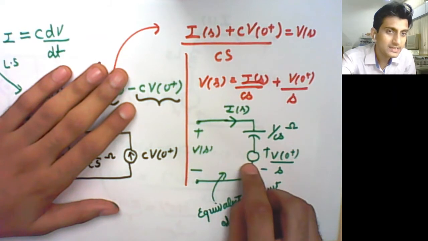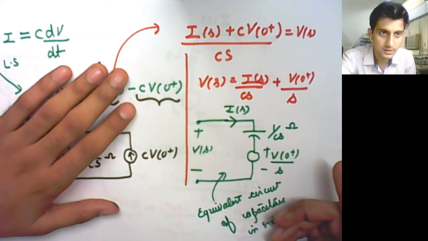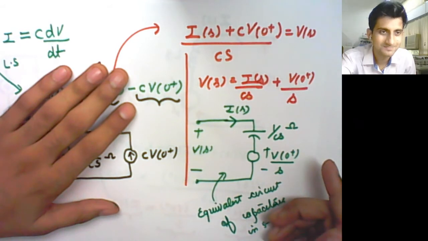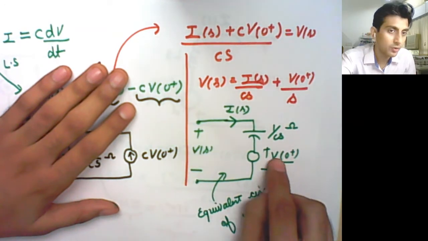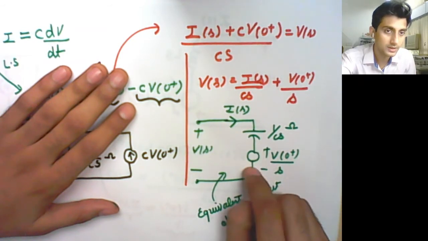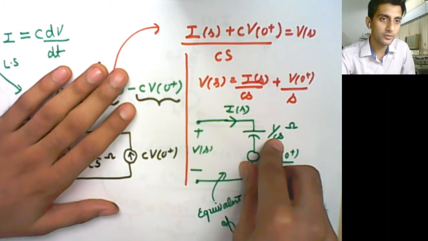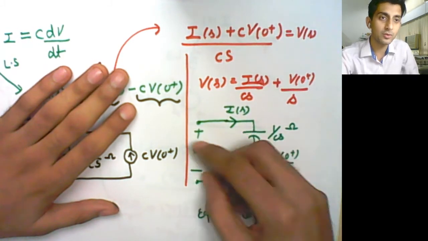What do you replace a voltage source equal to 0 with? A short circuit or open circuit? Short circuit. So if voltage source is killed or it is 0, you will always replace it with a short circuit. So a short circuit would only be replaced with a capacitance having value 1 upon Cs, flowing current is Is, and the voltage across is Vs.